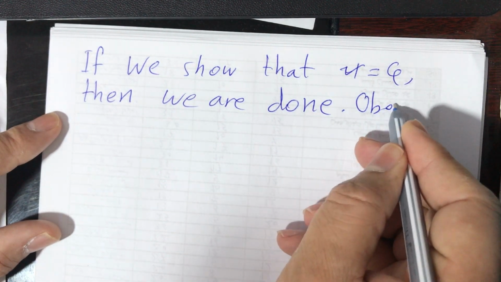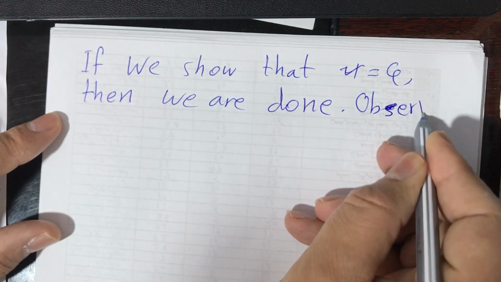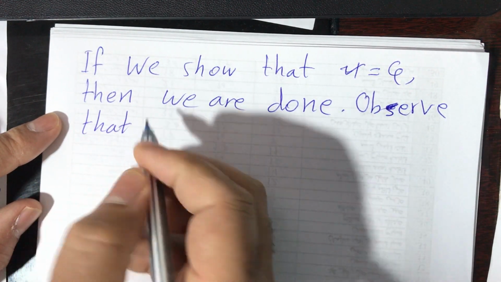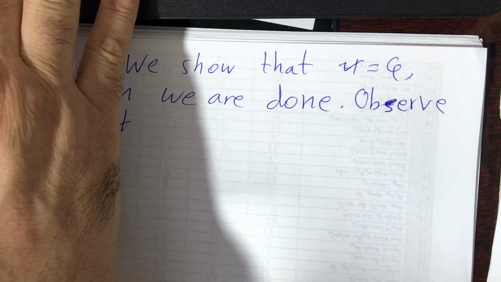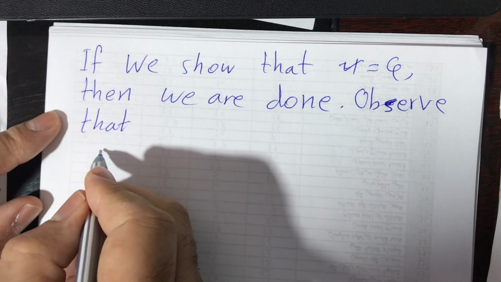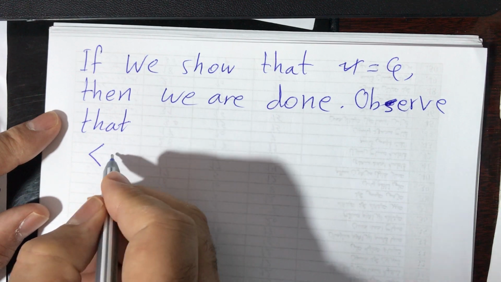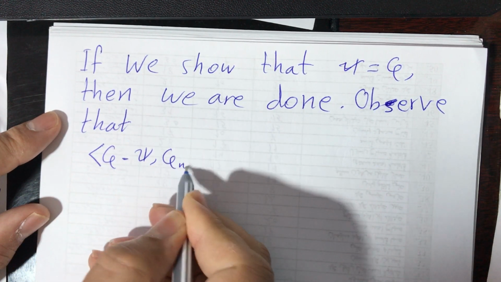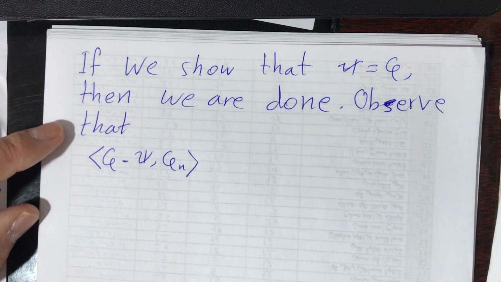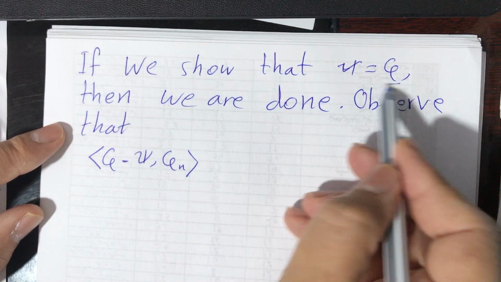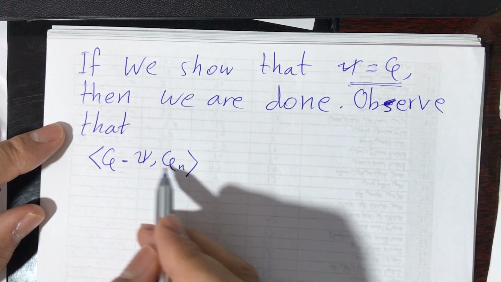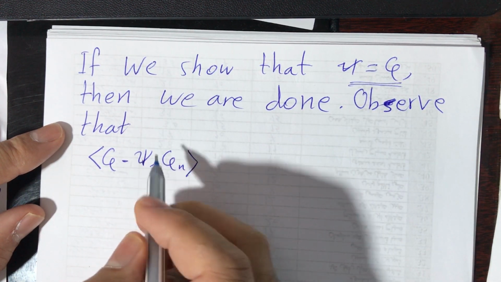Observe the inner product of phi minus psi and phi n. We try to get psi is equal to phi. So we take this inner product.